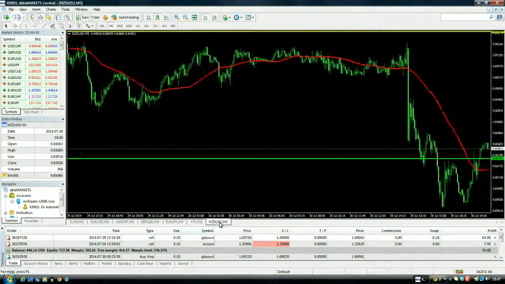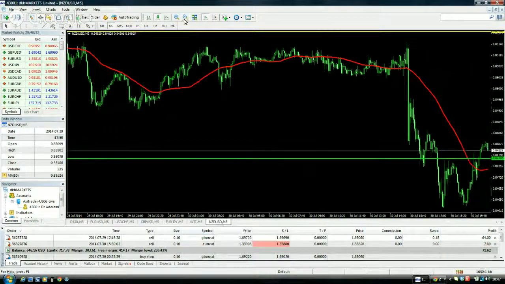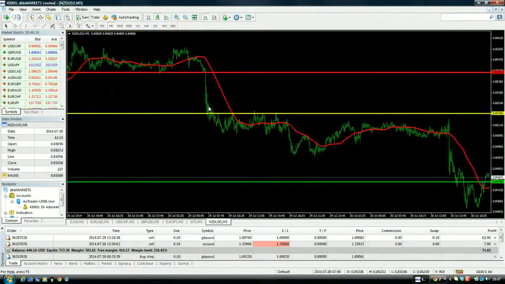I'll wait and see. Again, we've got a similar scenario with the New Zealand dollar US dollar, where the market has broken the first support and is currently just trending sideways along the first support. So the only available point here will be to buy above the pivot point. Again, I'll just wait and see how that pans out.